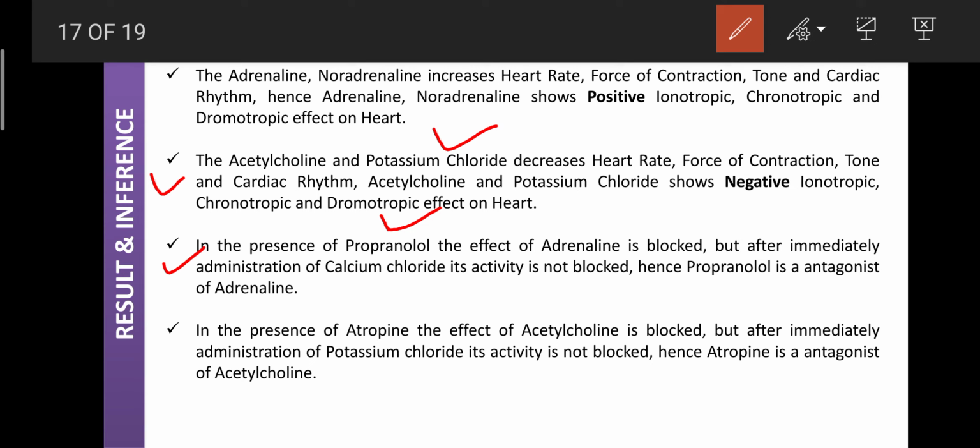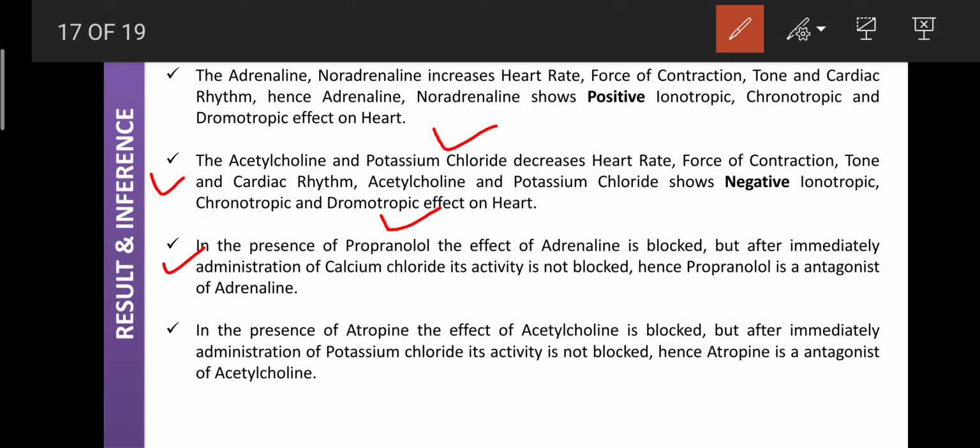With an overflow of sympathomimetics, the person suffers from cardiac arrhythmia, increased heart rate, tachycardia, as well as high blood pressure. That can be treated or reversed with the help of propranolol.